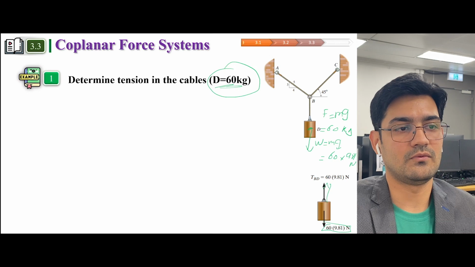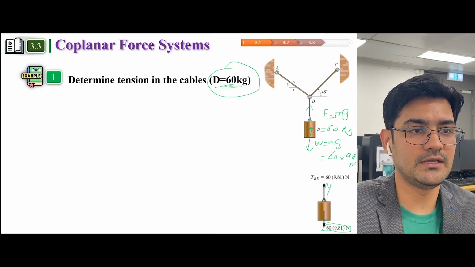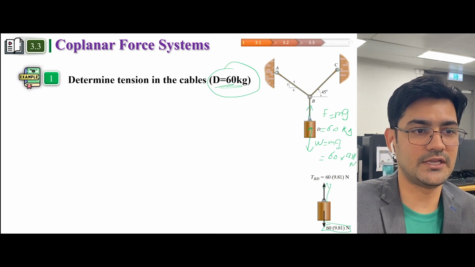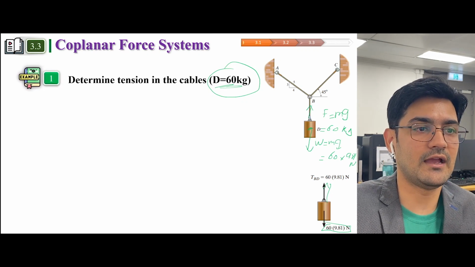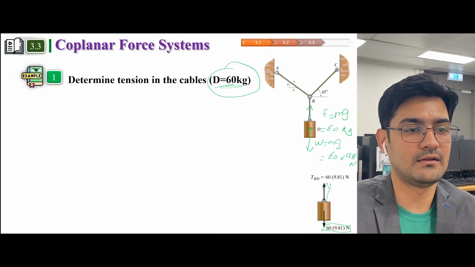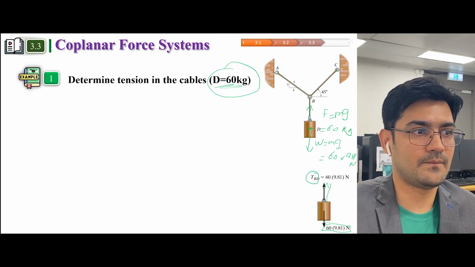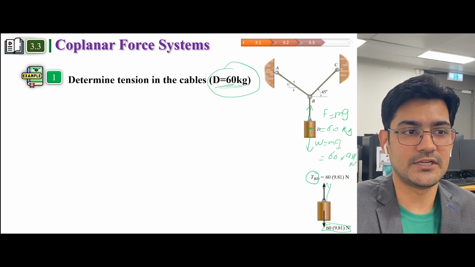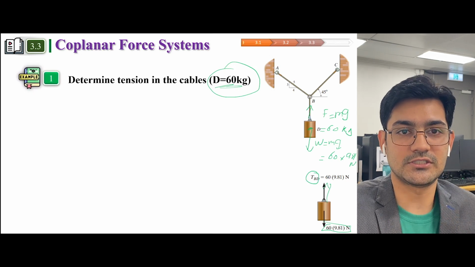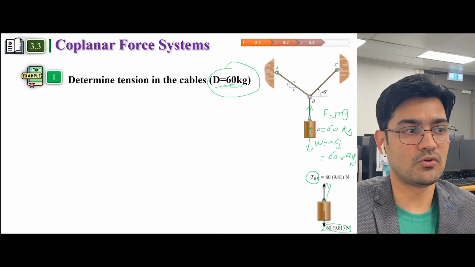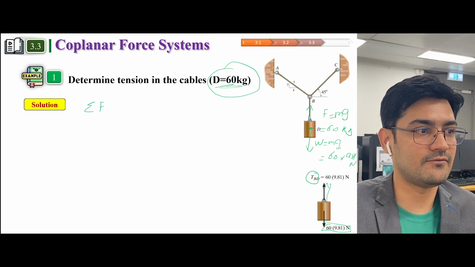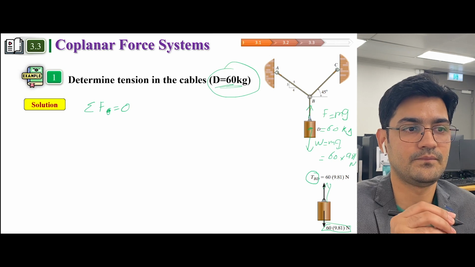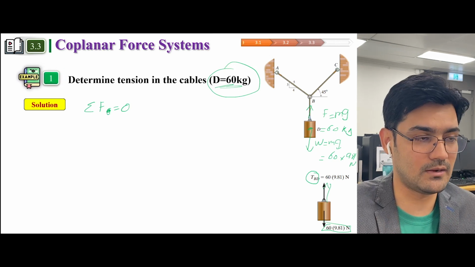This would be the tension force in this cable. Not in this cable, but this is the weight, and we have one component which is acting on this. In order to figure out the tension in the forces, given that this whole system is in equilibrium, we can write down summation of F is equal to 0.